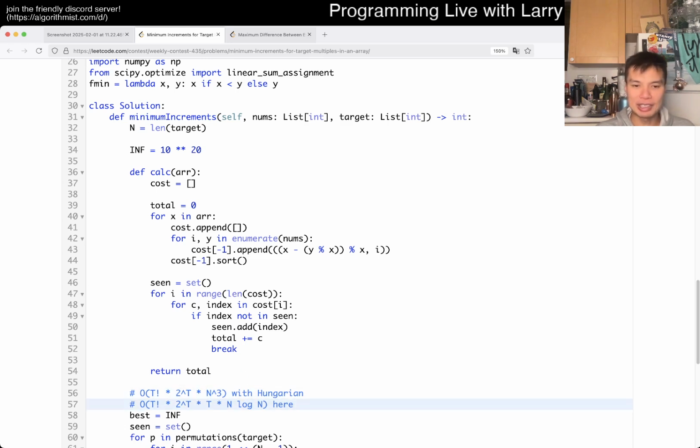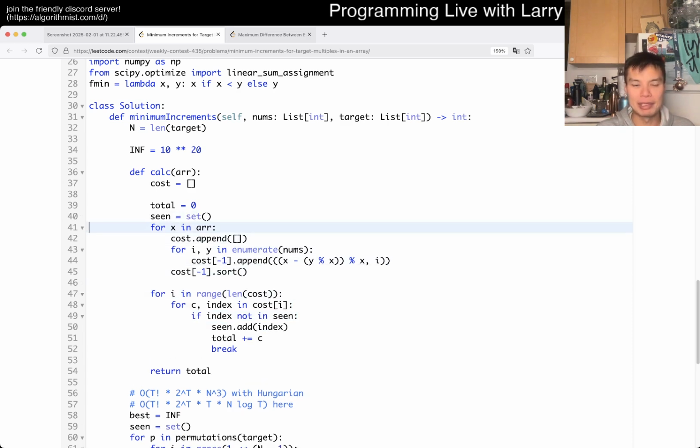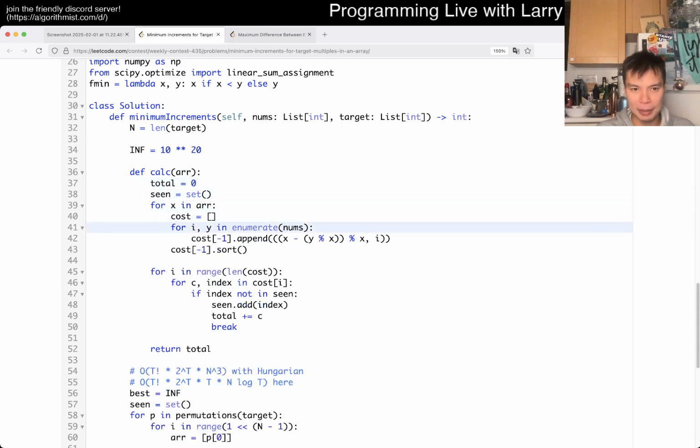But you can actually reduce this to log t, right? Because here, instead of using seen, or maybe even using seen, we can combine them, but as a result, we only need to keep track of... Well, let's just rewrite this real quick, right?